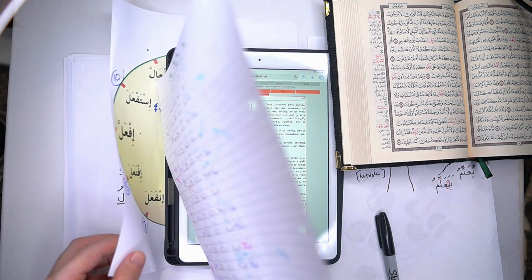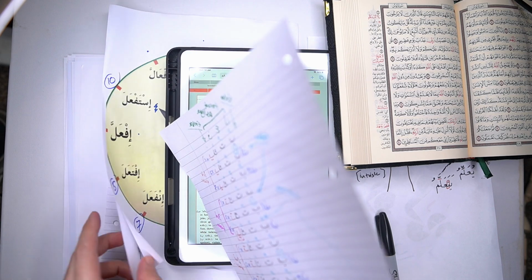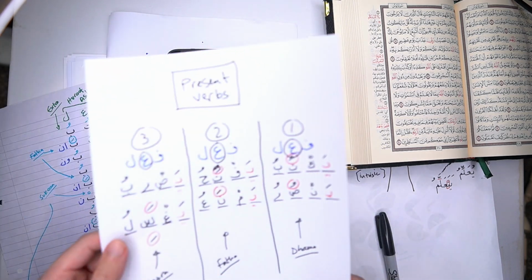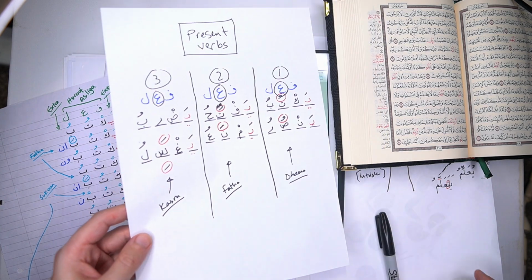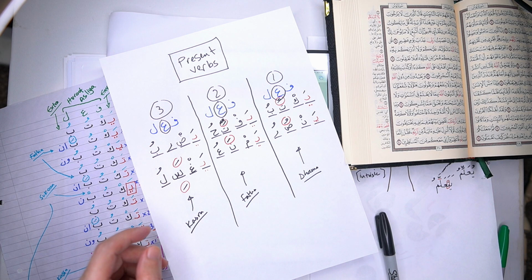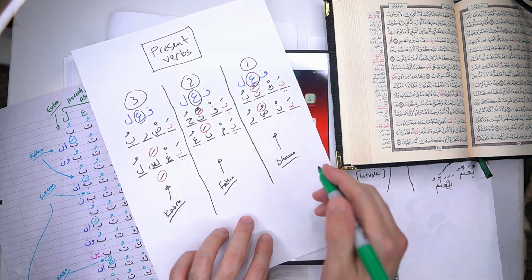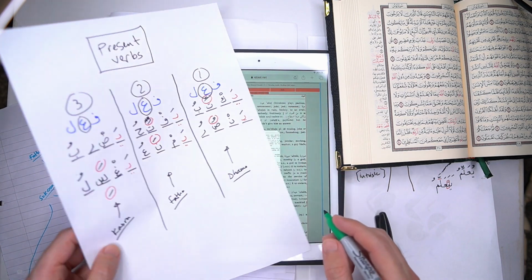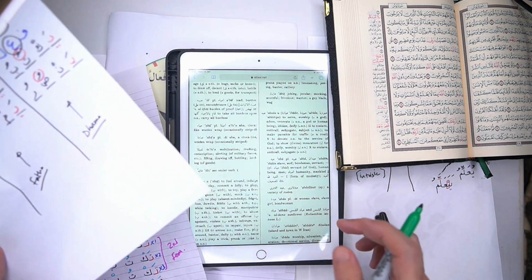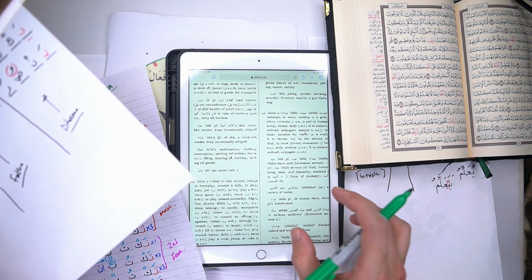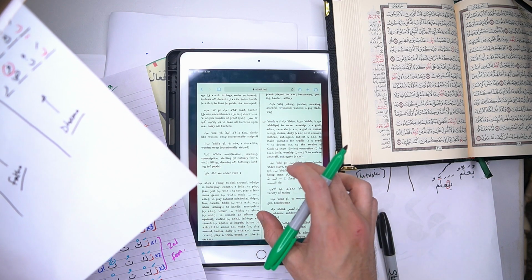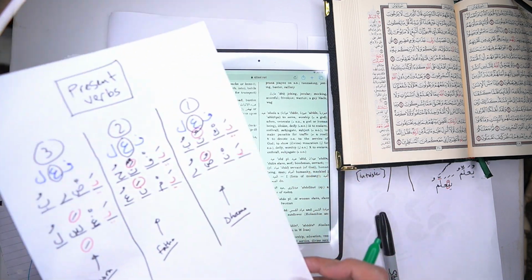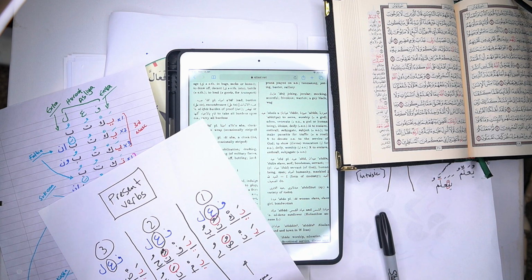So let's look at this one over here. You can actually put it onto here as well. I think for the future it's going to be useful. So let's put a U over here.